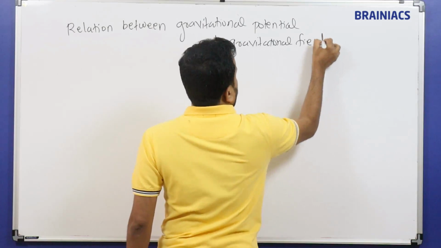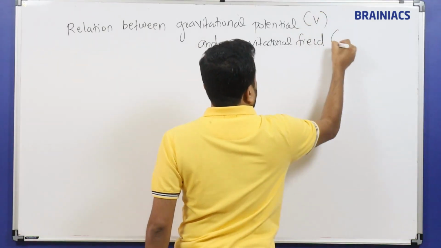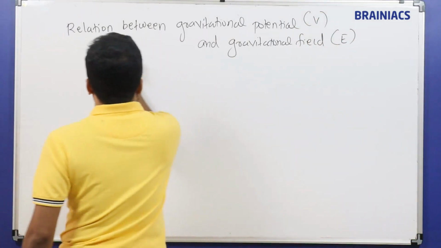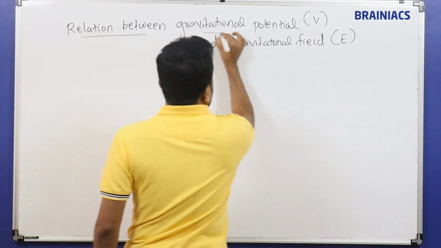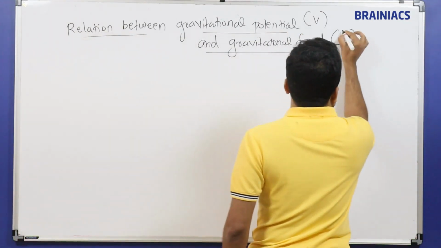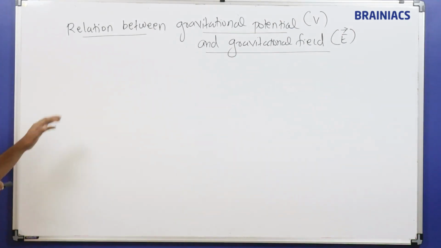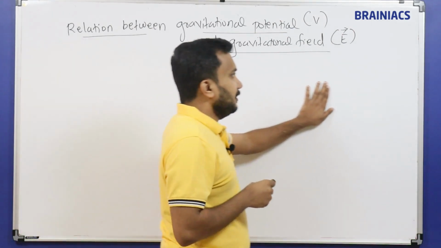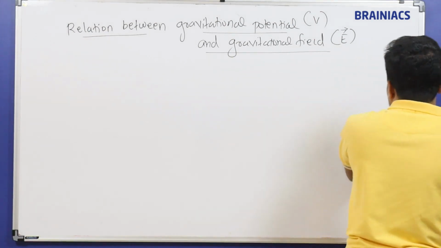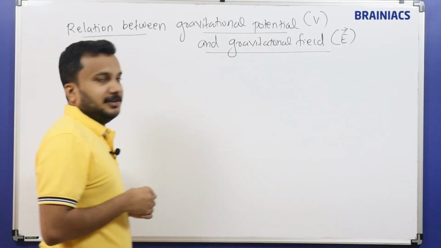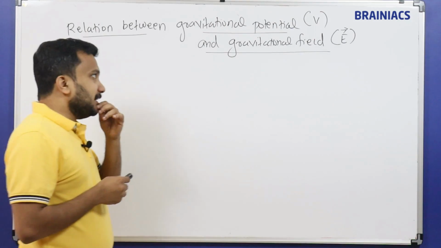The relation between gravitational potential V and gravitational field E. We know gravitational potential is a scalar quantity and gravitational field is a vector quantity. So we are going to learn about the relation and find out certain formulas for this relation.